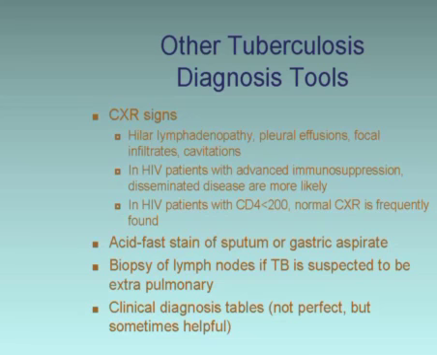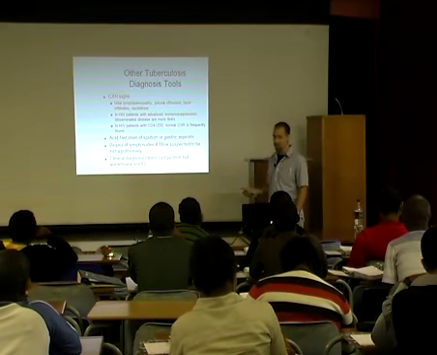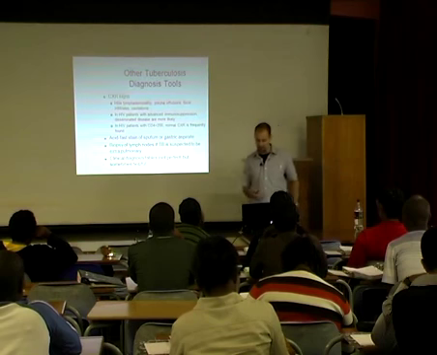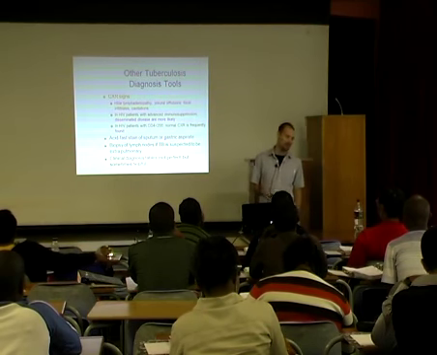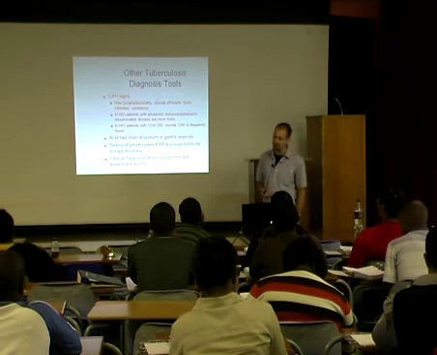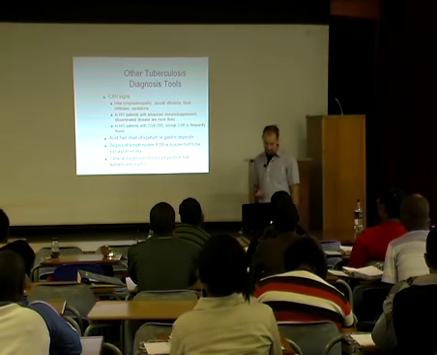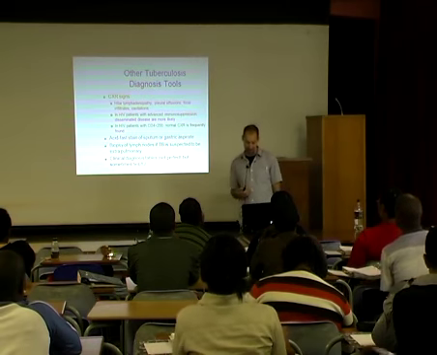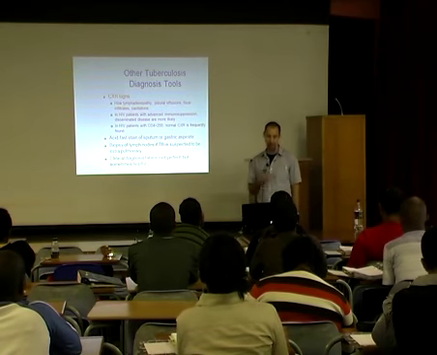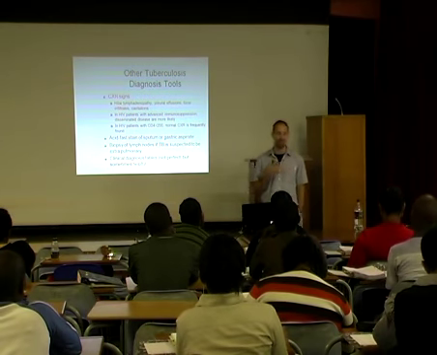We can use a chest x-ray if they're having chest symptoms. As I mentioned, hilar lymphadenopathy is very common, but they can also have pleural effusions, infiltrates, cavities. All of these things can commonly be seen in patients with TB. In HIV patients with advanced disease, dissemination is more likely, so it's usually spread throughout.